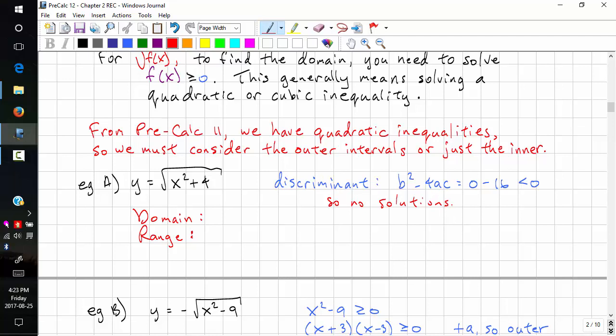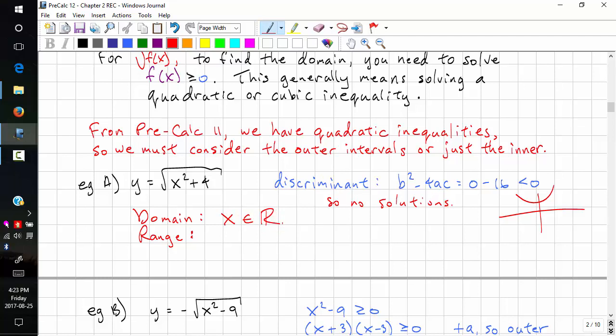Okay, so no real roots. And because there's no real roots, it means it doesn't cross the x-axis. And it looks like this. So all the values are positive. So the domain is x is all reals.